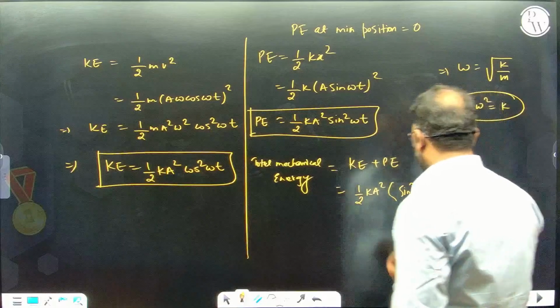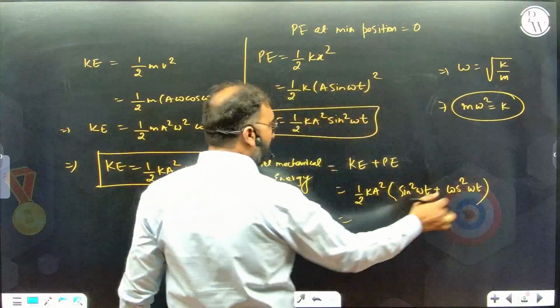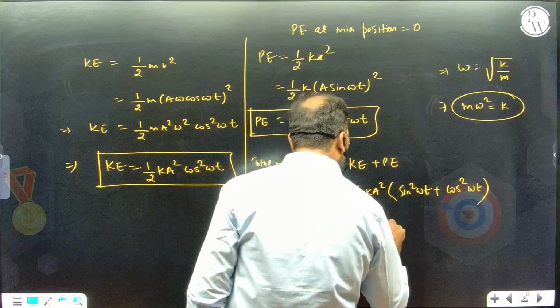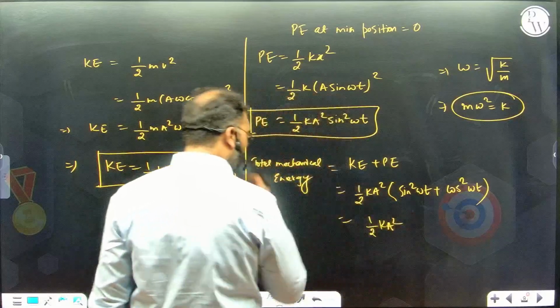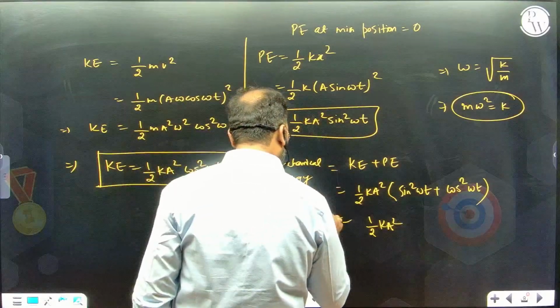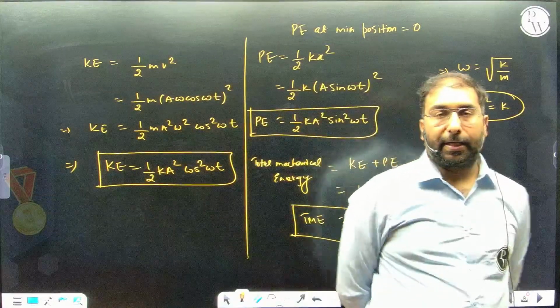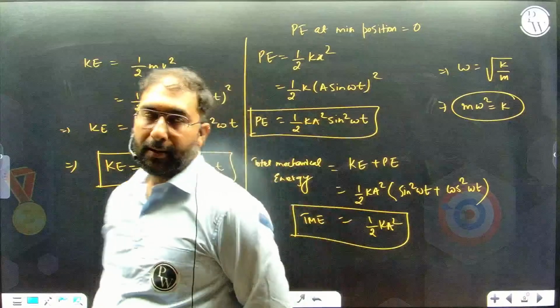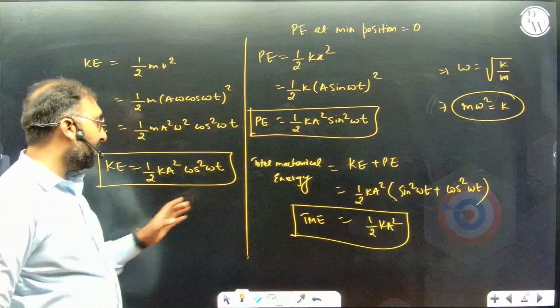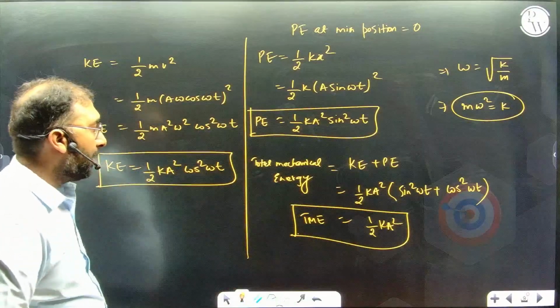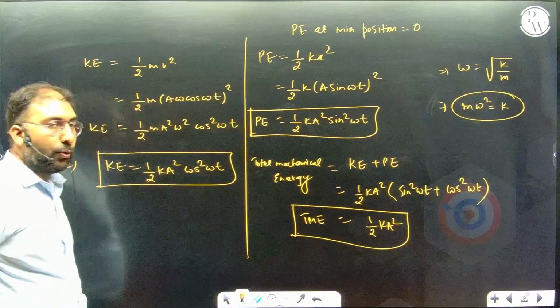By the identity this becomes 1. So the total energy of the particle performing SHM is half k A square. This is the total mechanical energy. I hope this is clear to everyone.